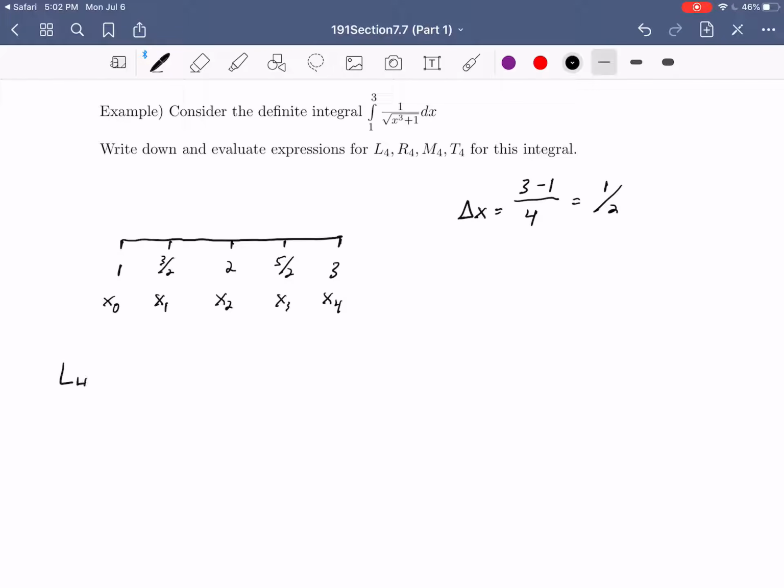So for L4 then, well, what do we need to do? It's going to be delta x, which is that 1/2, times the function evaluated here, here, here, and here. The function is this thing right there.